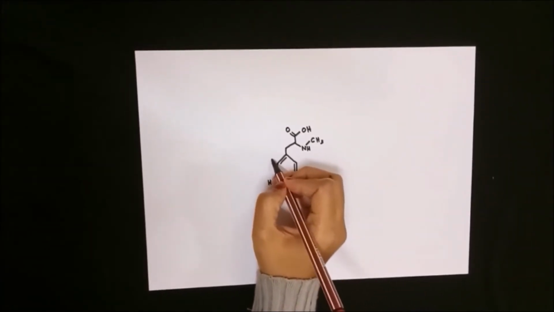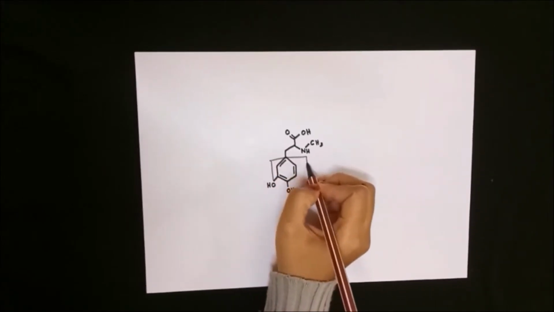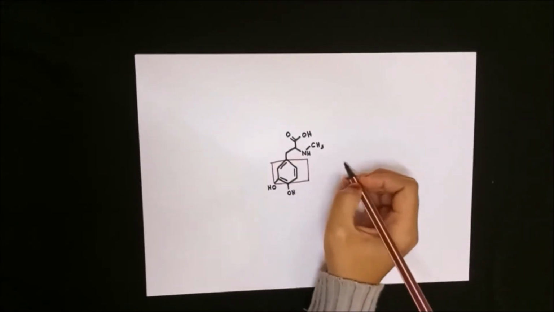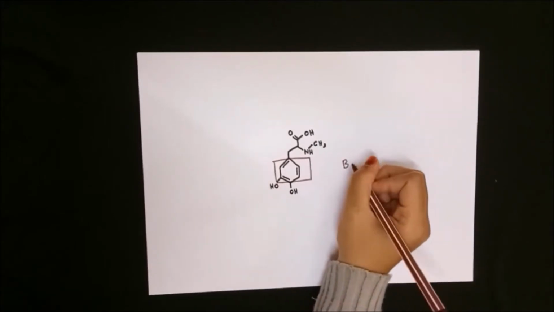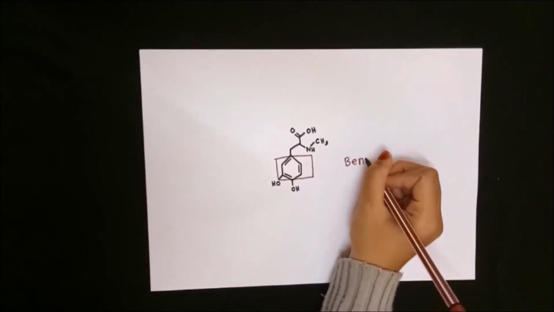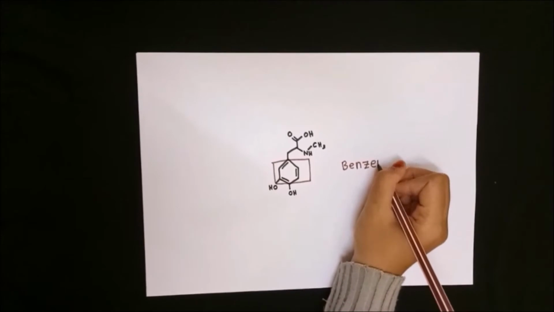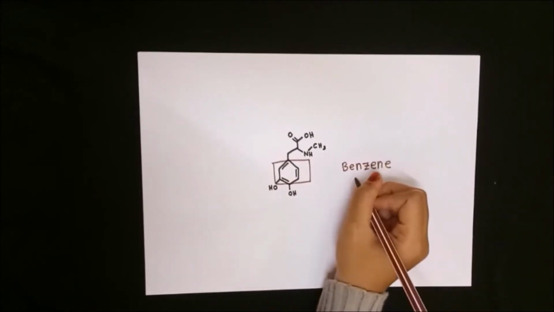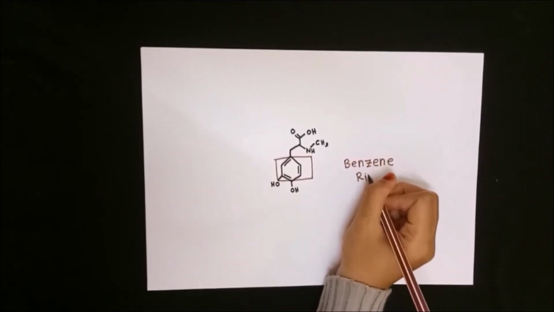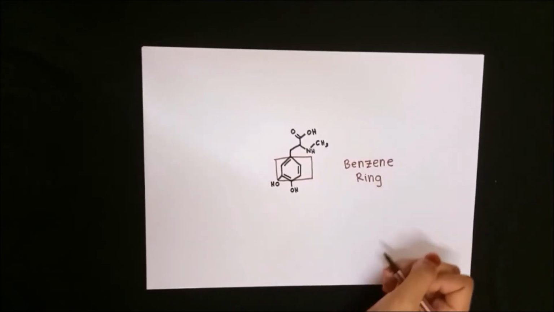The next one is the benzene group, which also plays an important role in the interaction, where the benzene ring has a planar structure which allows it to be involved in van der Waals interaction with a flat hydrophobic binding region in the body.